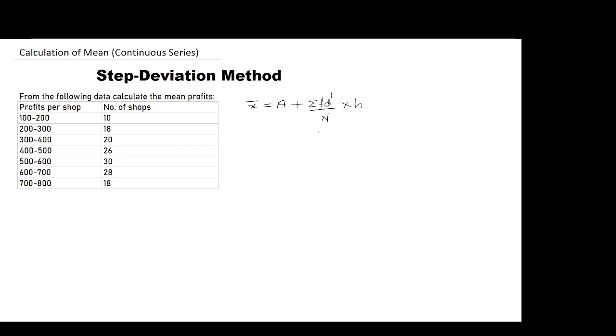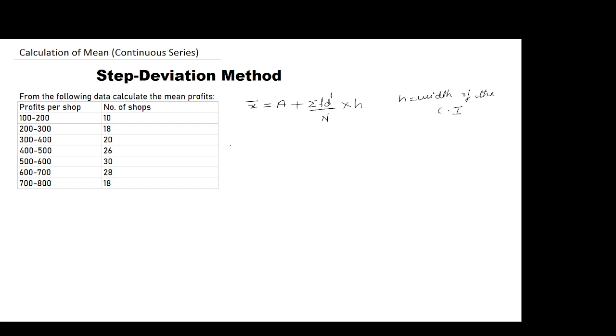This is the formula we have to use to calculate mean for continuous series using step deviation method. Now we know that h is equal to width of the class interval.